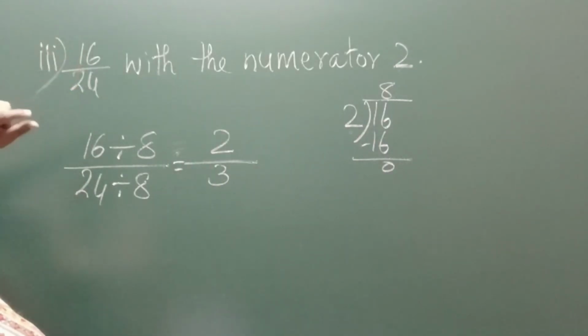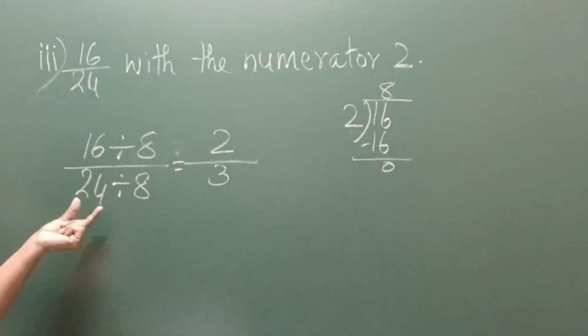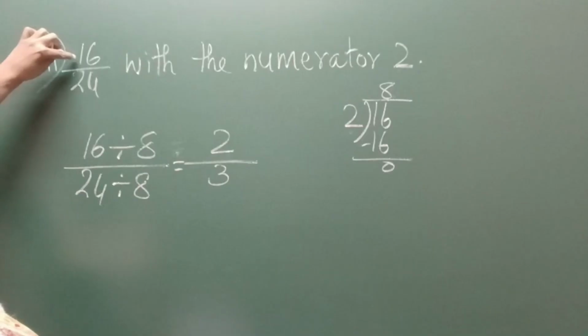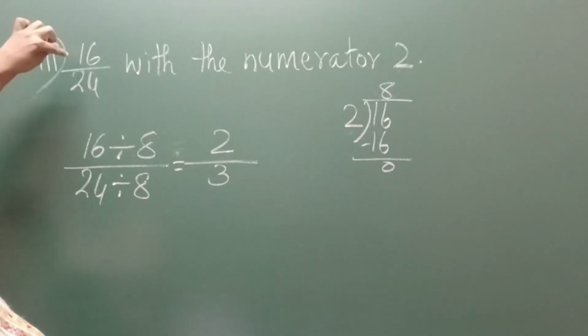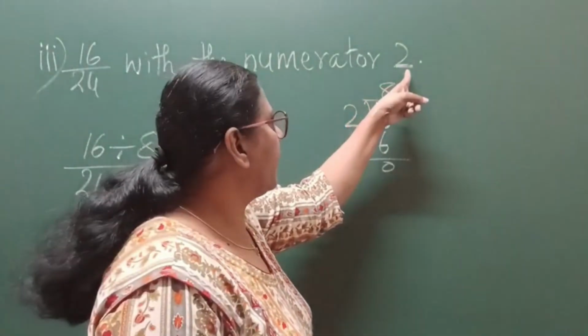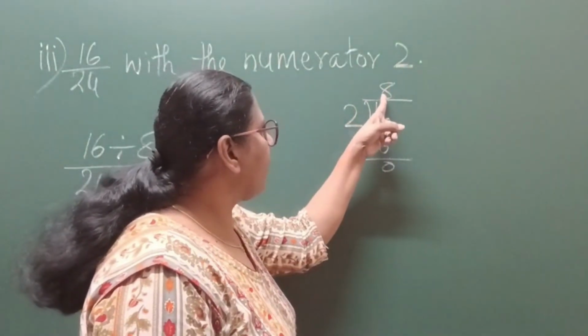To get the factor to find the new denominator, first we divide the given fraction's numerator by the new numerator. Then we get a factor.